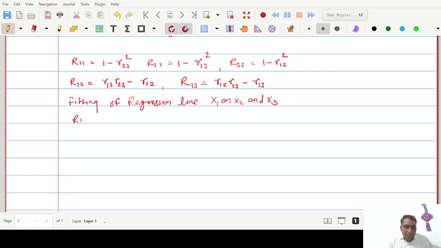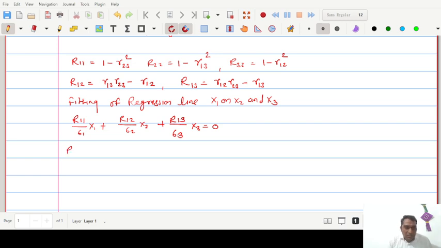So R11 upon sigma 1 x1 plus R12 upon sigma 2 x2 plus R13 upon sigma 3 x3 is equal to 0, we solve this for x1. Similarly other equations are there.